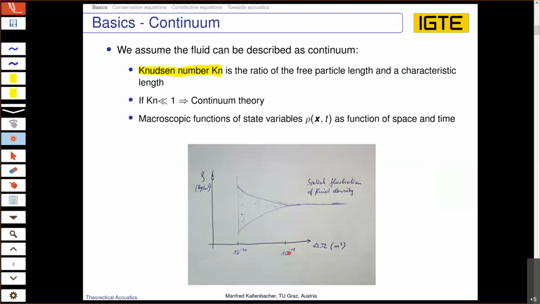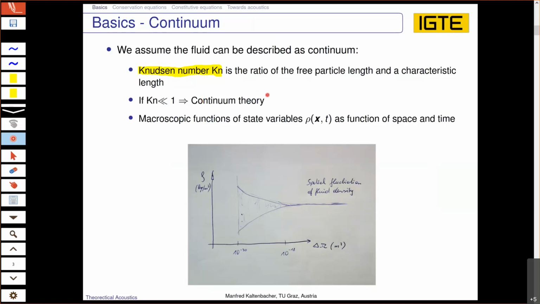And you see that when we approach a control volume which is getting larger and larger, we come up here to a more or less constant value for the density, which is clearly not constant because we will have variation in space and time, but it is then just at a scale where we have small fluctuations, which we then can describe by the continuum theory.